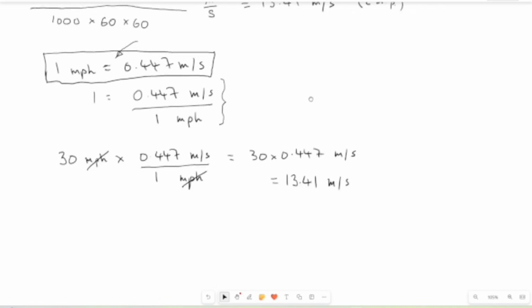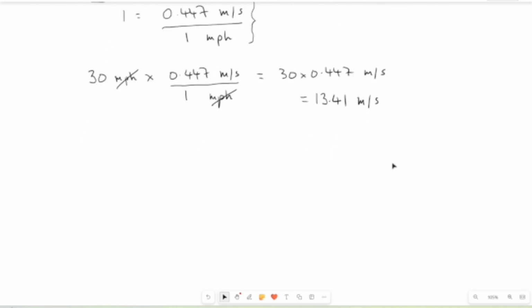Another approximation you may be familiar with is that 5 miles is approximately equal to 8 kilometres. That's quite close. Miles are always bigger than kilometres. If you've got 8 kilometres, you've got fewer miles in it.